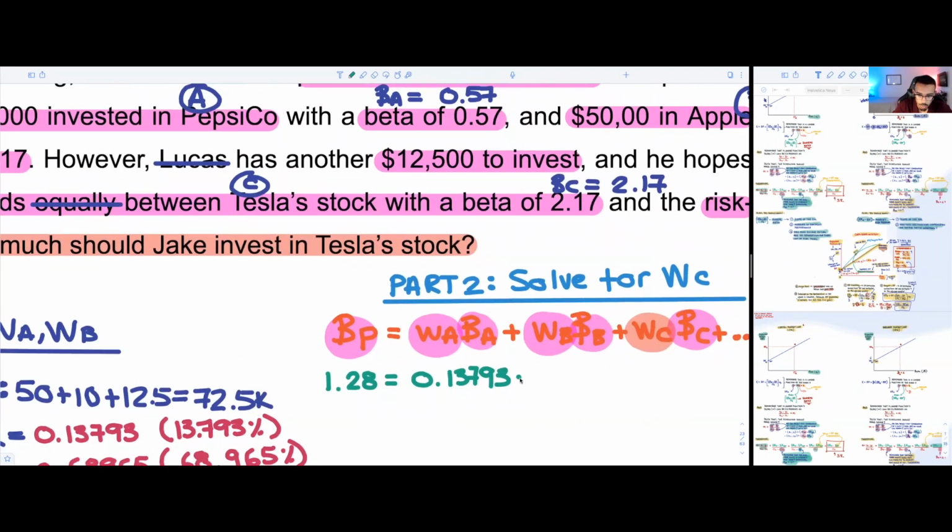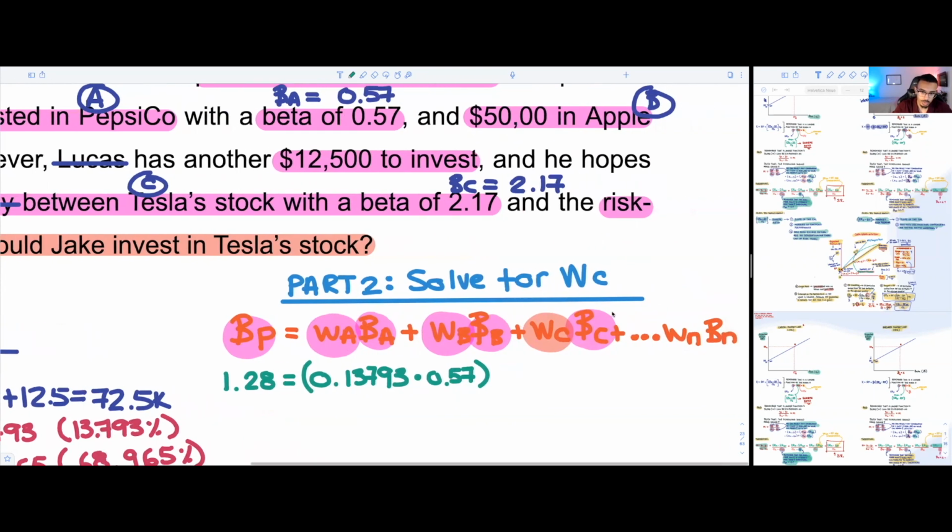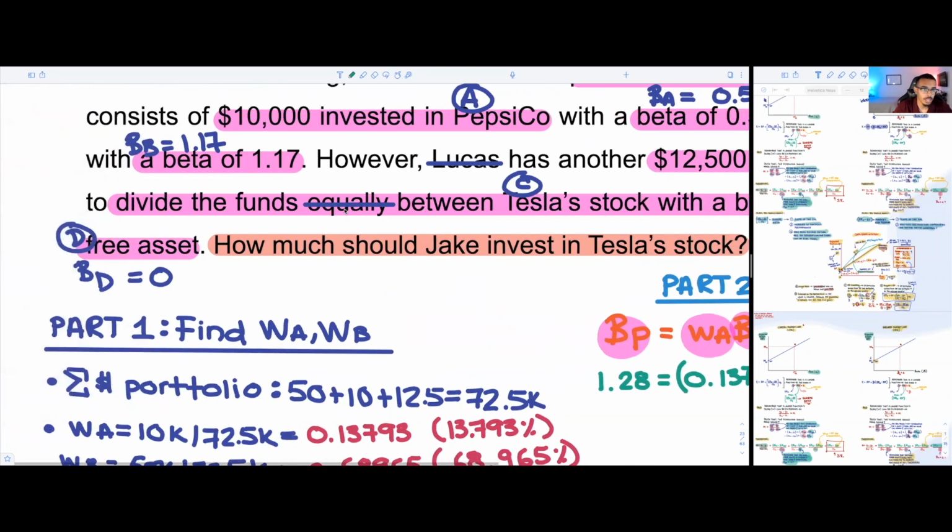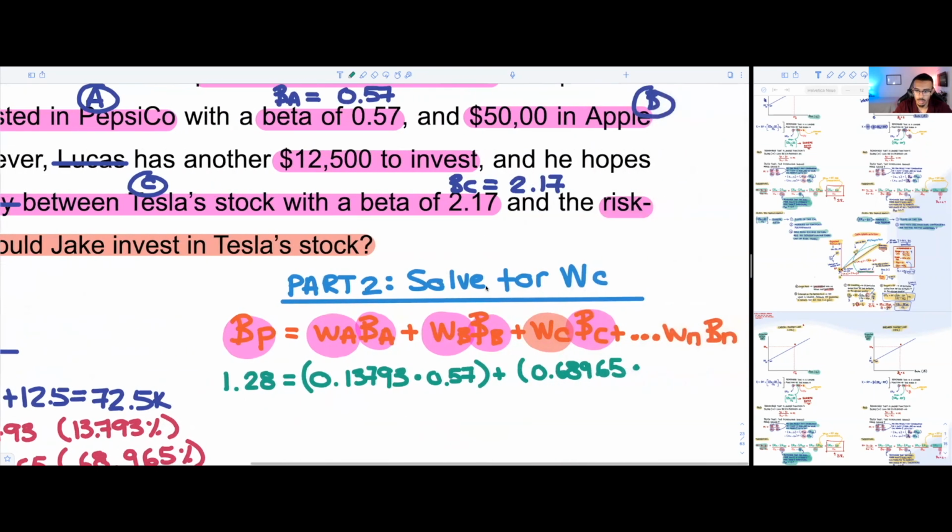So we could write that right here, 0.57, right? And then we know that we've invested 0.68965 into Apple. And Apple has a beta of 1.17. Okay.